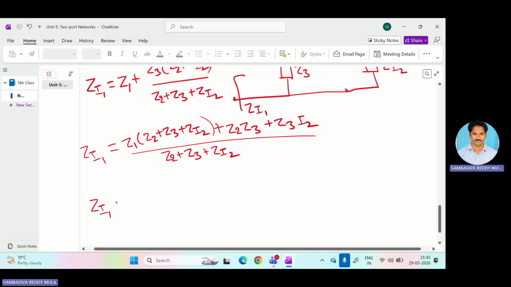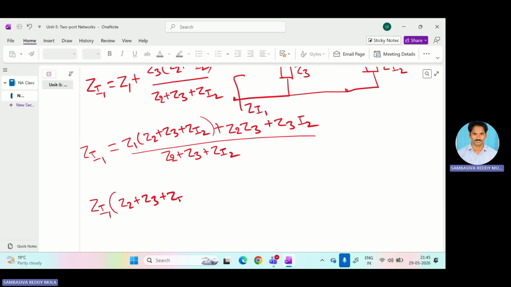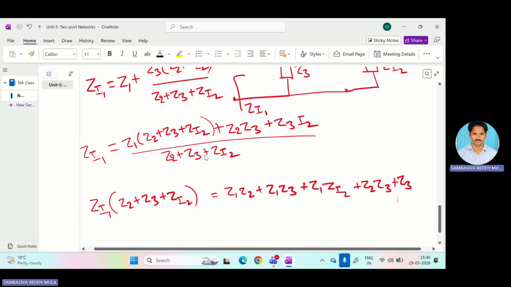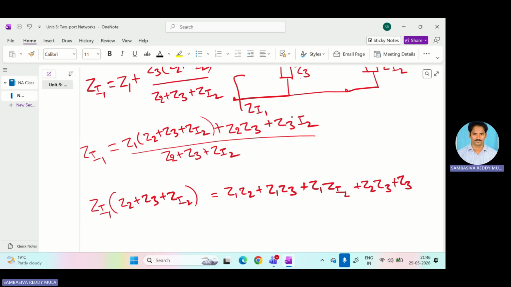here ZI1 into Z2 plus Z3 plus ZI2 is equal to the entire thing multiplied: Z1 Z2 plus Z1 Z3 plus Z1 ZI2 plus Z2 Z3 plus Z3 into ZI2.